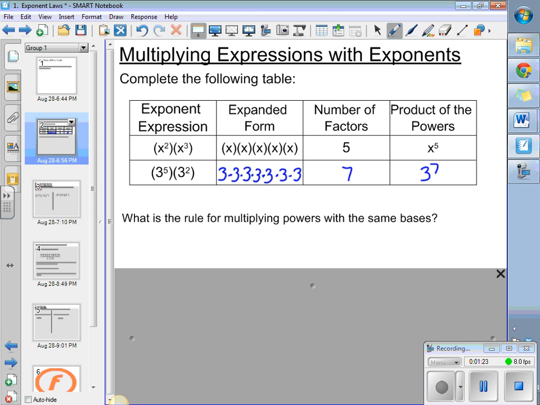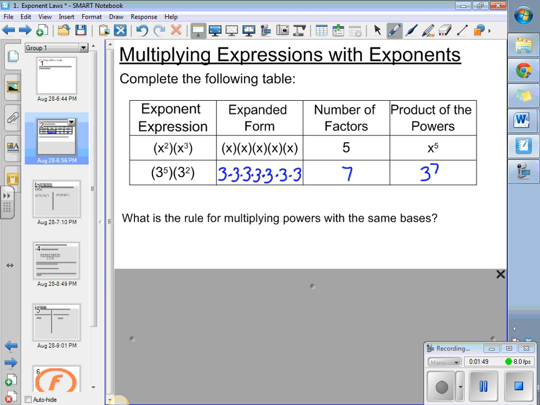All right. So the rule for multiplying powers with the same base. If you notice, here on the x's, we had x to the 2nd power and x to the 3rd power, and we ended up basically adding our powers. We did the same thing here and ended up with a total of 7.